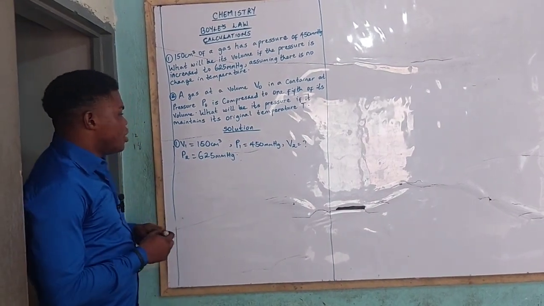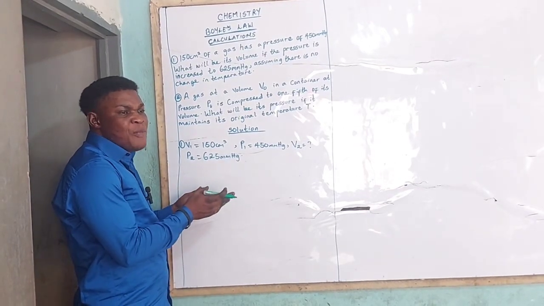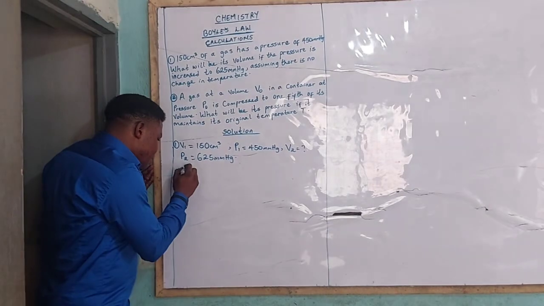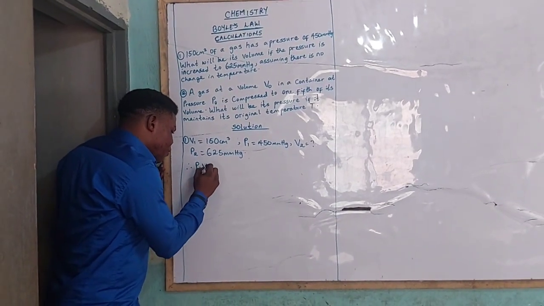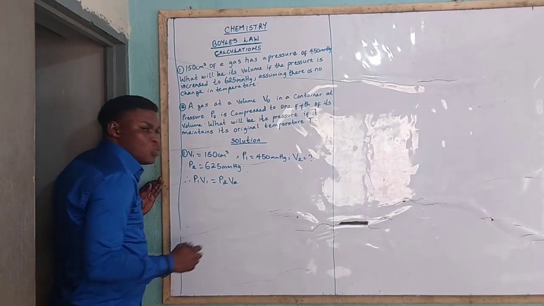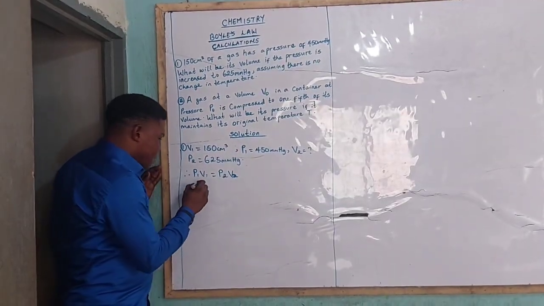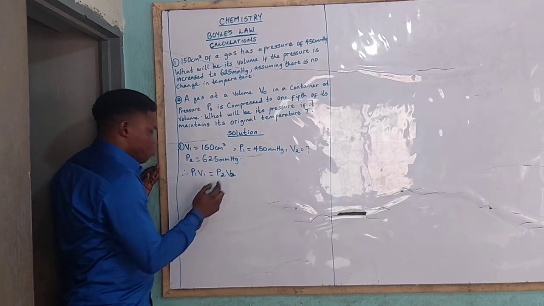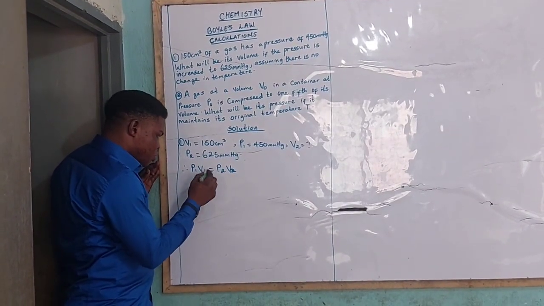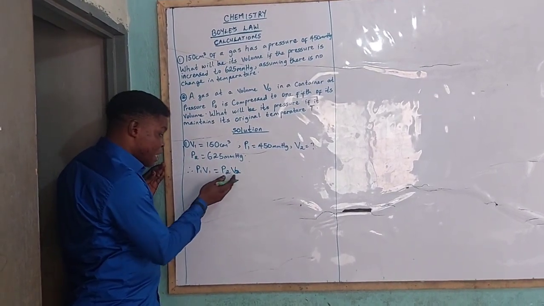Now, moving on. Since we have brought out our parameters, we just need to input them into the Boyle's law formula, which says P1 V1 equals P2 V2. Are we together? From there, we are going for V2. Making V2 the subject of the formula, we divide both sides by P2.